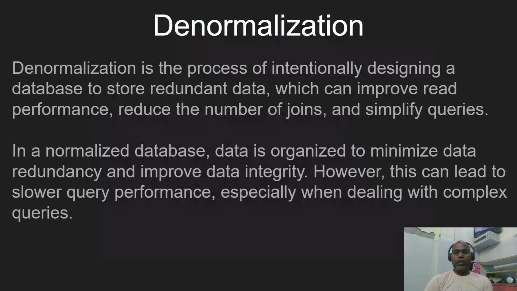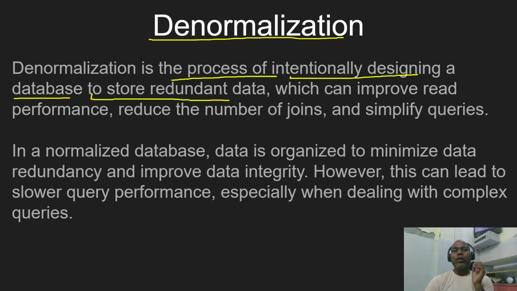As per the theoretical definition, denormalization is a process of intentionally designing a database to store redundant data. Notice the objective of normalization is to avoid duplicate data. But here I put the same data in multiple places, multiple rows, which can improve read performance.